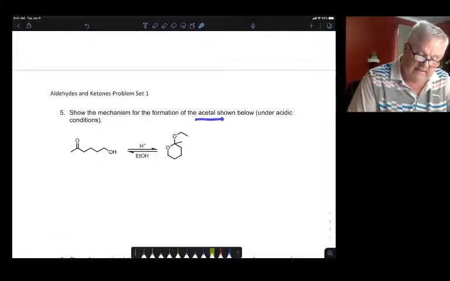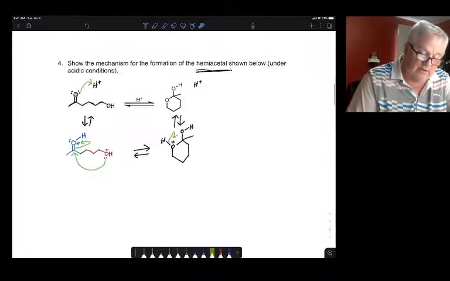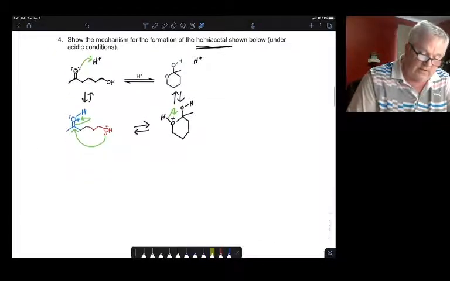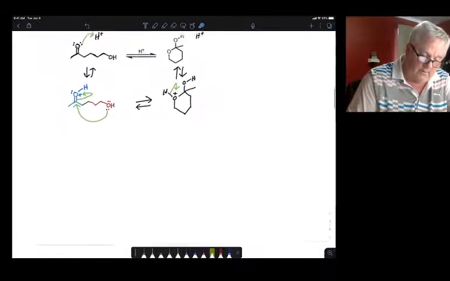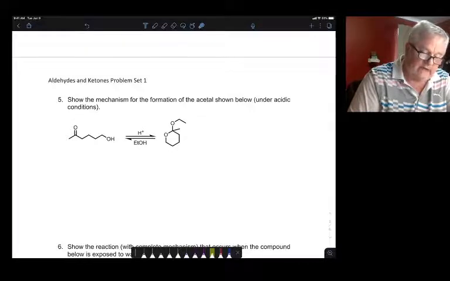Now the next reaction is to show the mechanism for the formation of the acetal shown below under acidic conditions. And in fact, we can do the same thing because we're going to start off with our hemiacetal here. We can do the same series of reactions and get to the hemiacetal, and then all we're going to have to do is replace the OH group with this ethoxyl group.